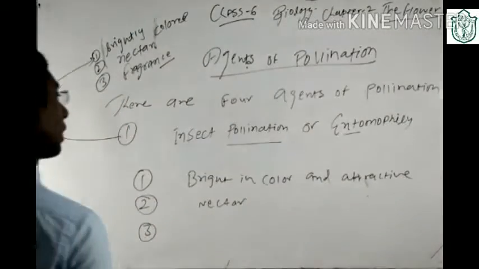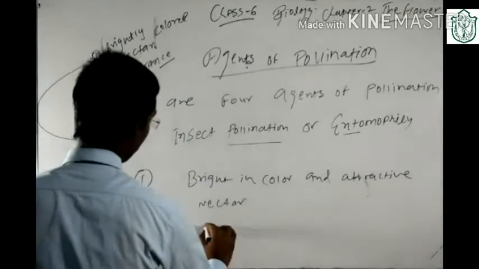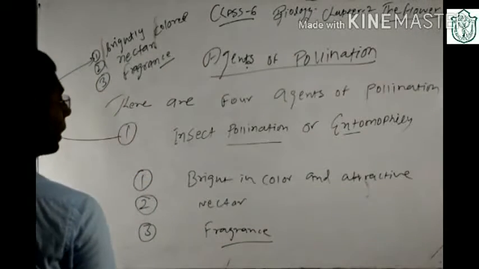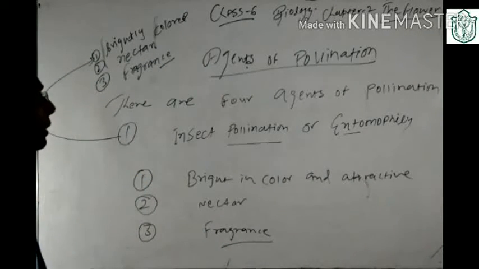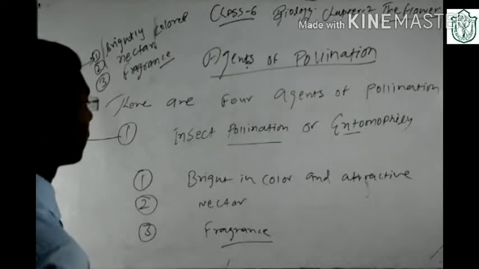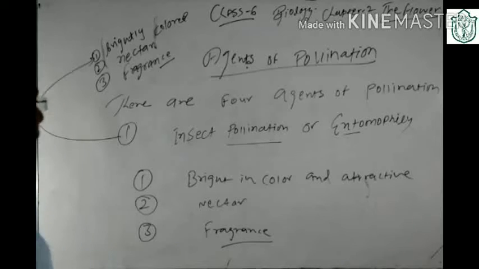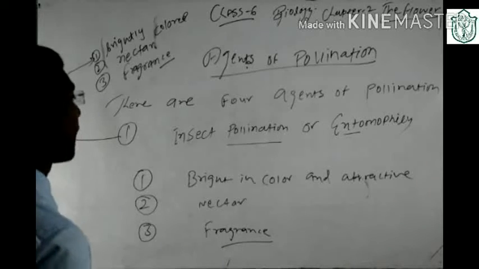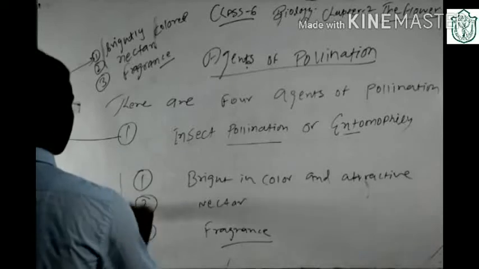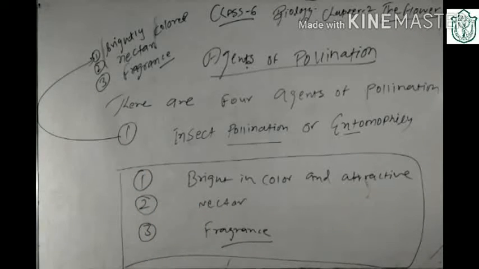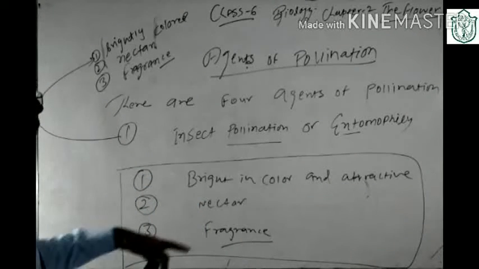If a flower has these three characteristic features, then it will be pollinated by the help of insects. So, you must remember these three characteristic features of a flower to get pollinated by insects.